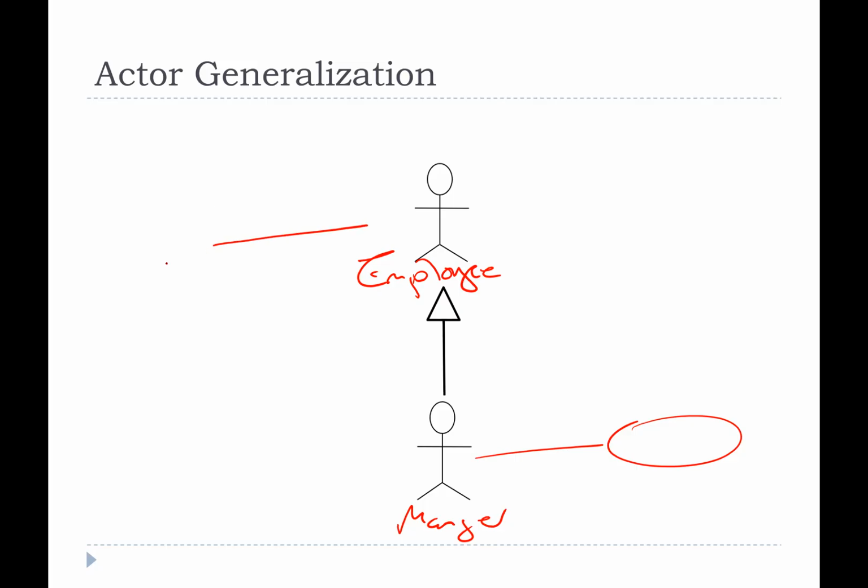If I have this situation over here, use case A, any actor that is an employee, in this case the manager, can execute use case A. So I don't actually have to say that the manager executes use case A, unless the way the manager executes use case A is actually different than the way the employee executes use case A. In this case, I want to actually have something here that is different.